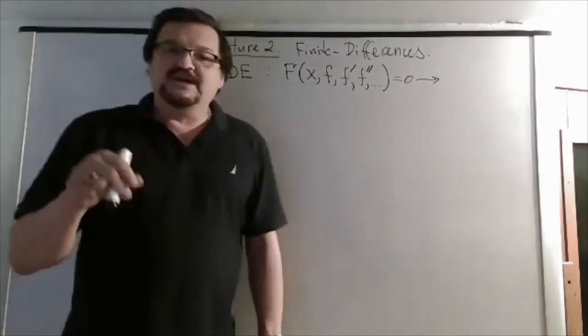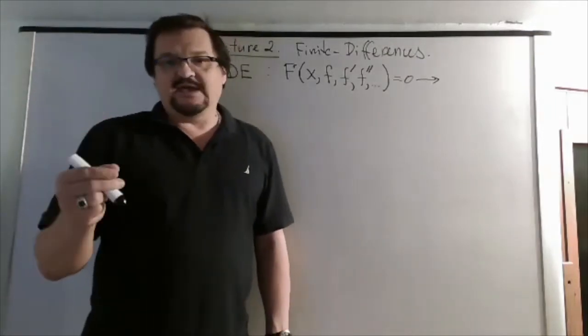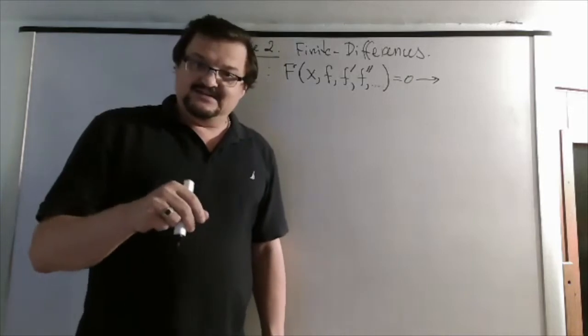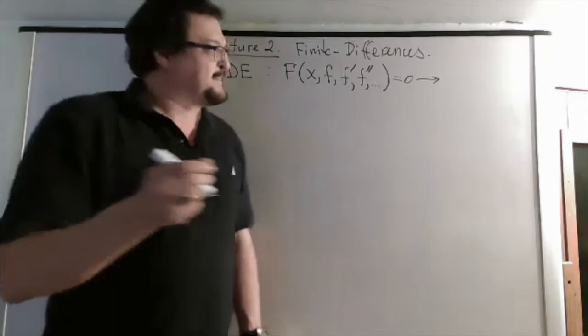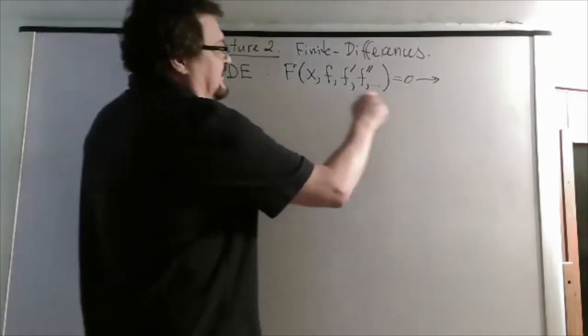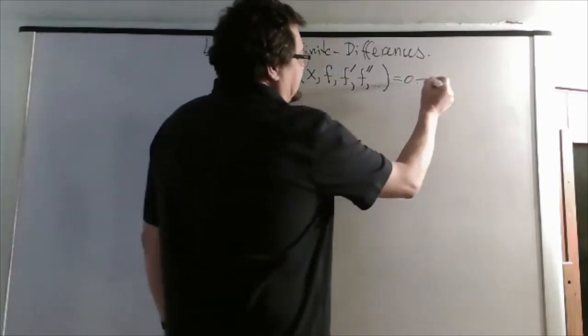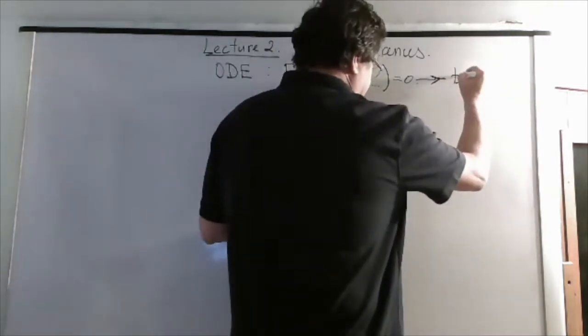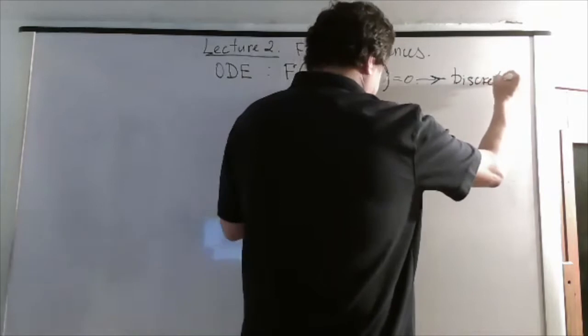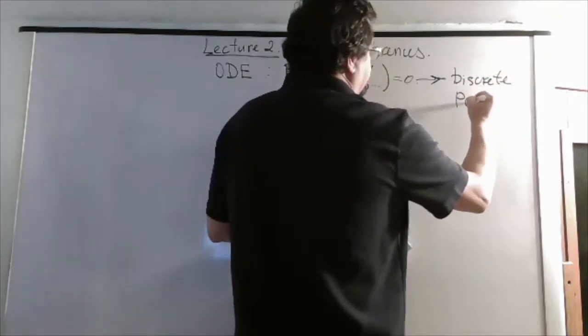You need to formulate the calculus problem in a way that computers understand it, but it's not going to be calculus per se, it's going to be algebra. So you move from ODEs to a discrete problem.